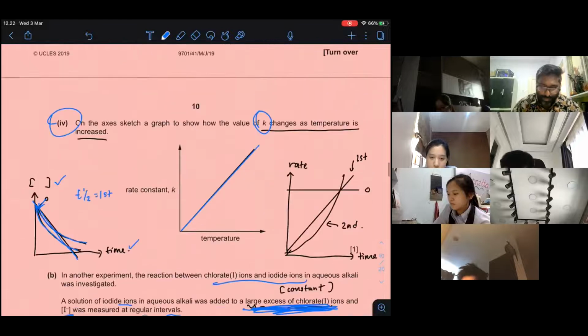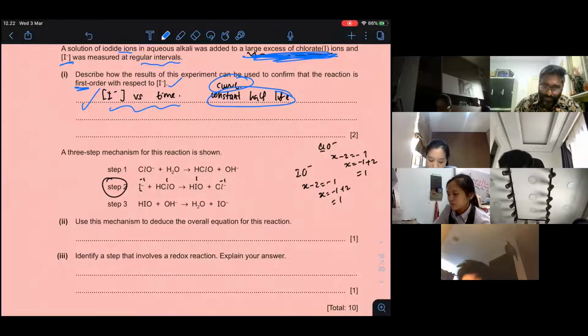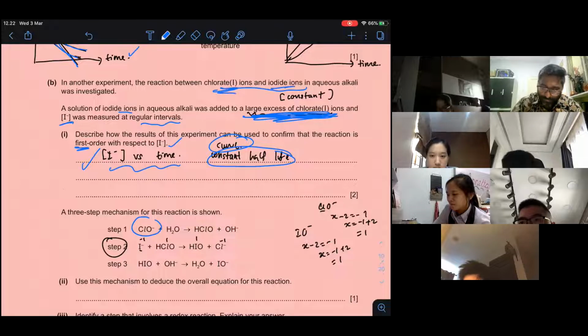So if you look at the ClO minus, the ClO minus is only going to be involved here. But they say also chlorate and iodide. So this one is different. So it's chlorate and iodide, then they say it's going to be first order to I minus.